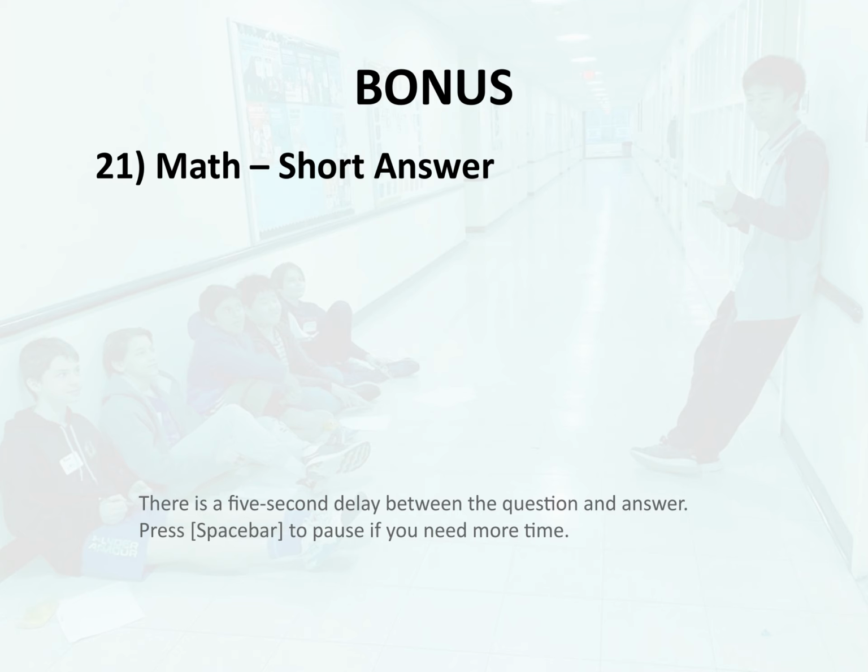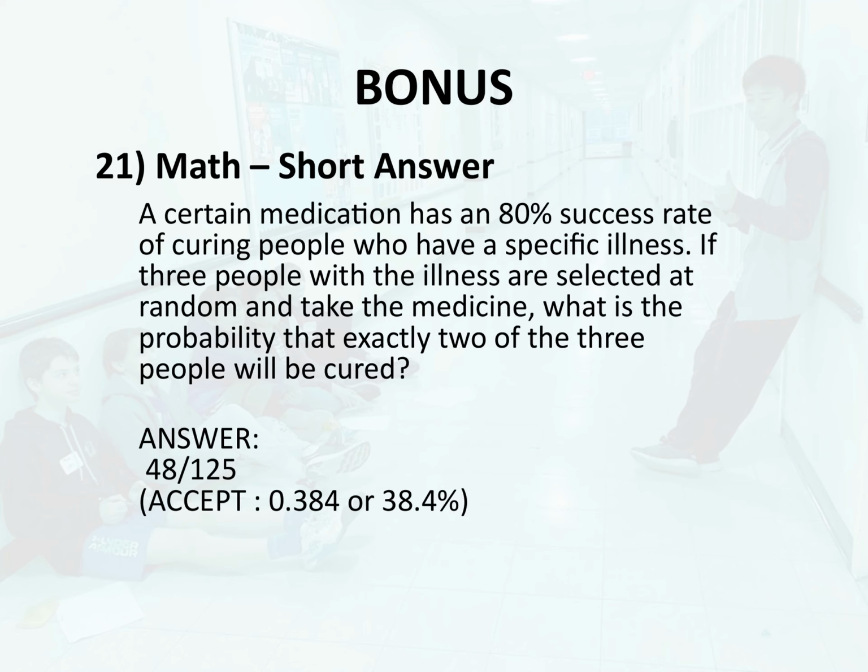Math, short answer. A certain medication has an 80% success rate of curing people who have a specific illness. If 3 people with the illness are selected at random and take the medicine, what is the probability that exactly 2 of the 3 people will be cured? Answer, 48 over 125.